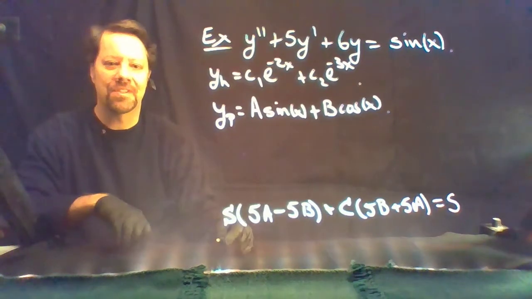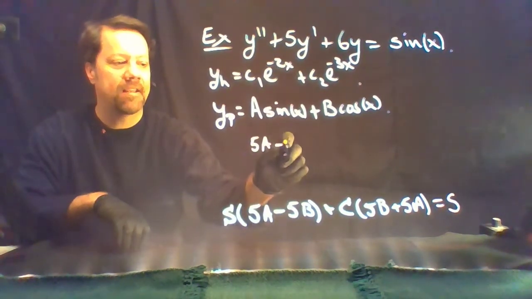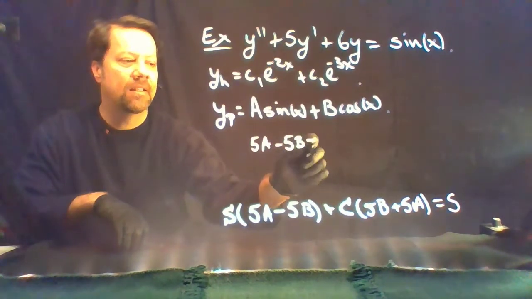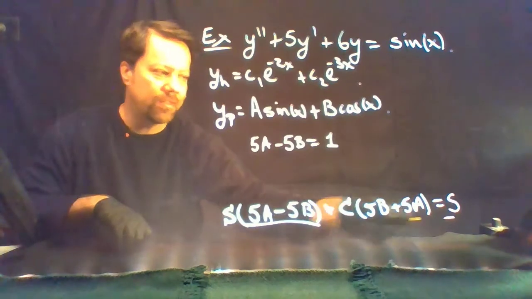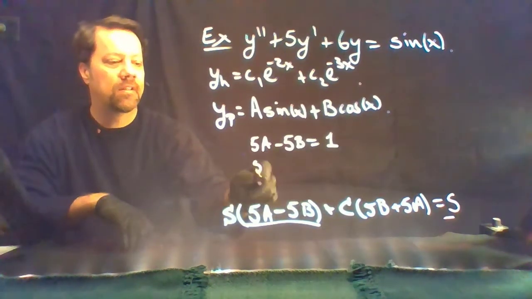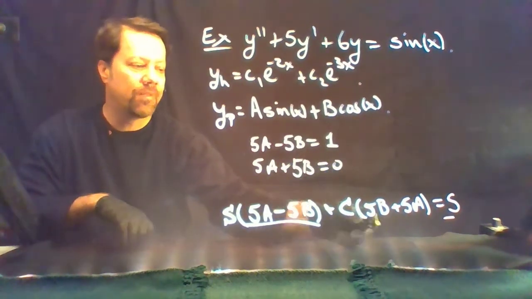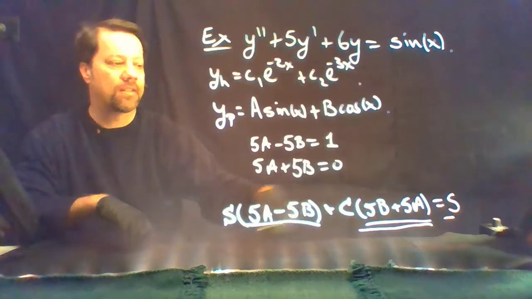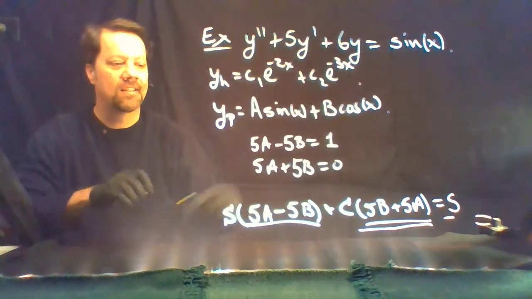Equating coefficients on each side of the equation, we get 5a minus 5b equals 1. The coefficient of sine on this side is the coefficient of sine on this side. And also, 5a plus 5b equals 0. The coefficient of cosine on this side is the coefficient of cosine on the right-hand side.